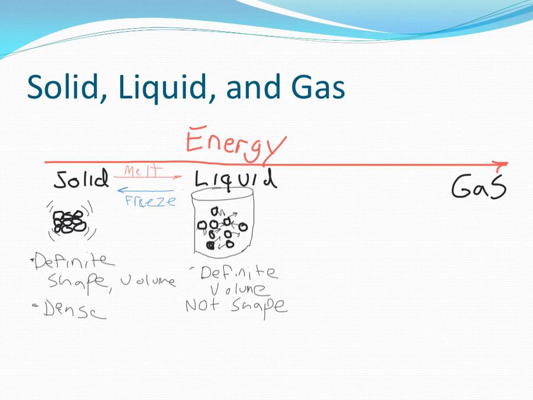Now, if I continue to increase the temperature from a liquid to a gas, we're going to undergo a process called vaporization. And while we're at it, let's go the other way. Gas to liquid, so removing energy, which I'm going to represent as blue, is known as condensation.